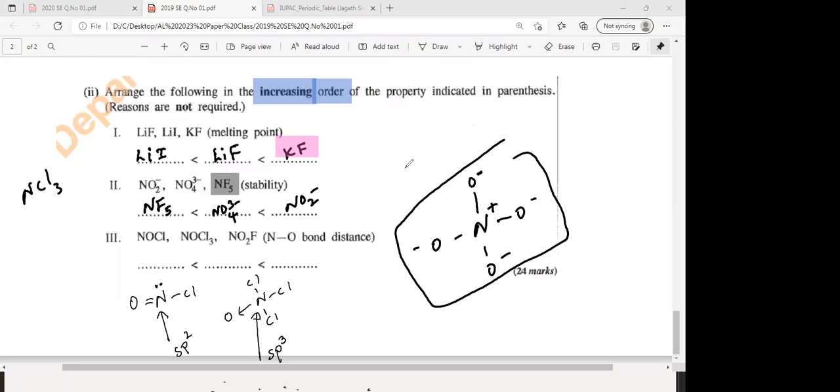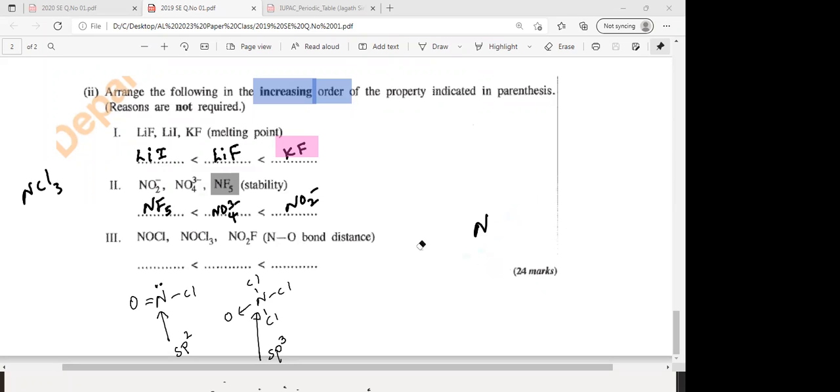Then NO2F. Look at the screen. Are you all copying this down? So this is NOCl, this is NOCl3. Why this arrowhead here? That is to show the dative bond. Now if you put plus and minus, then NO2F will be like this.